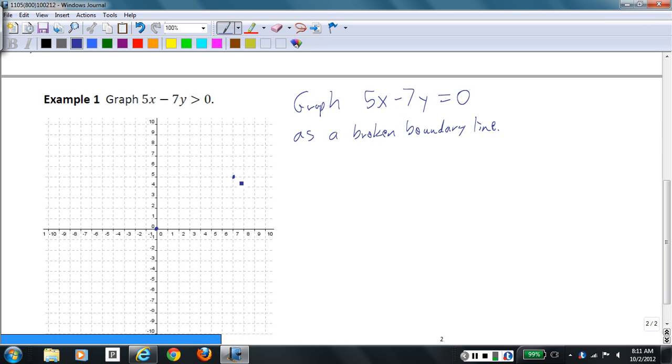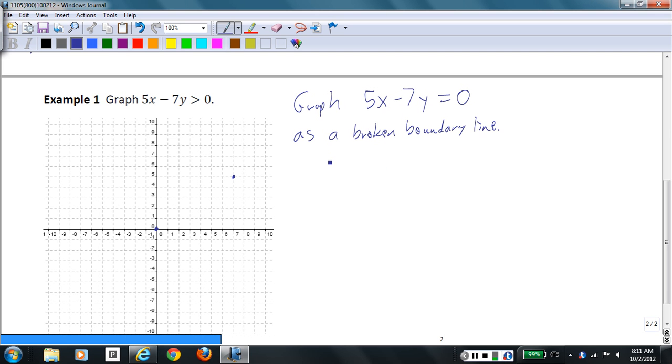A suggestion that was made in yesterday morning's class was that we take this and solve it for y. Basically put it in slope-intercept form, and we've already got the origin there, so all we need to do is use the rise over run idea to find one more point on the line, and then we'll have it. So that's what I did, and it worked pretty well.